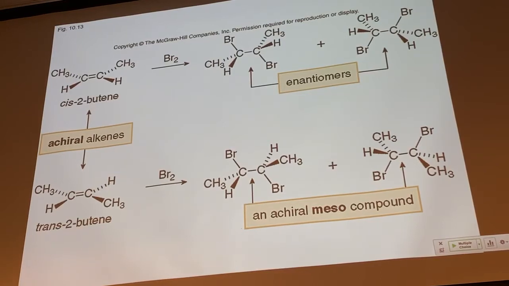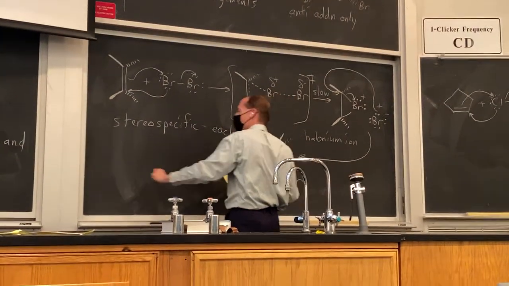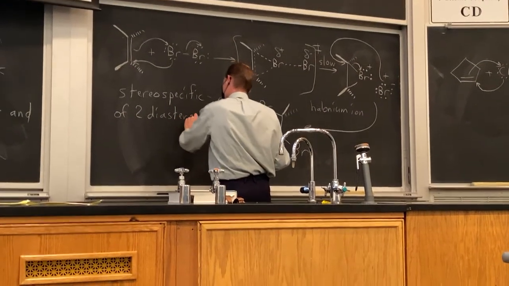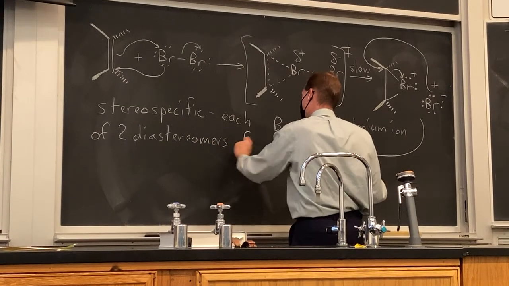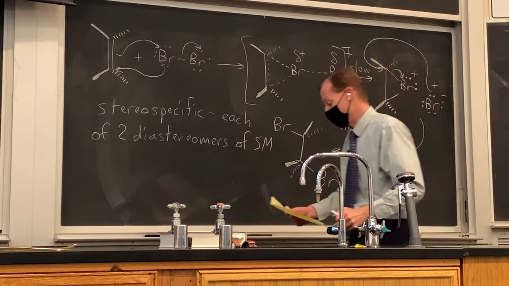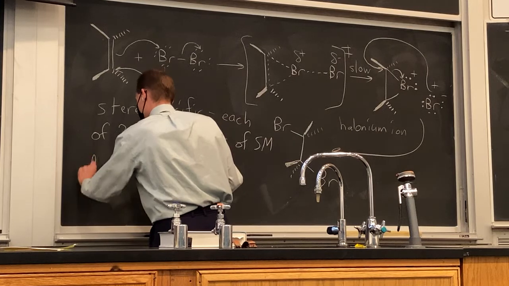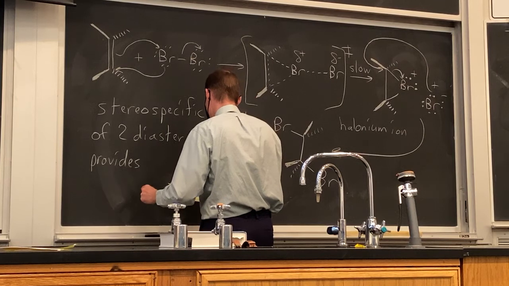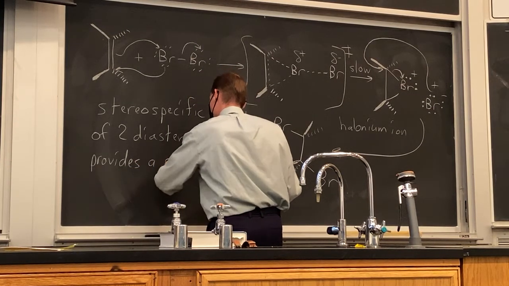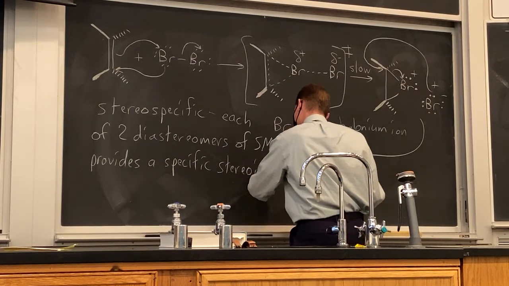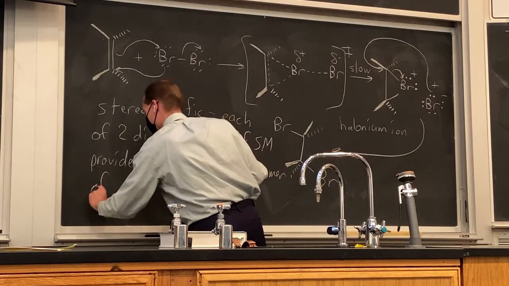A stereospecific reaction is a reaction where each of two diastereomers of the starting material, SM is an abbreviation that I like to use for starting material, so each stereoisomer of the starting material provides a specific stereoisomer of the product.